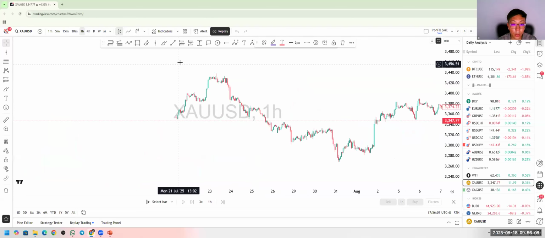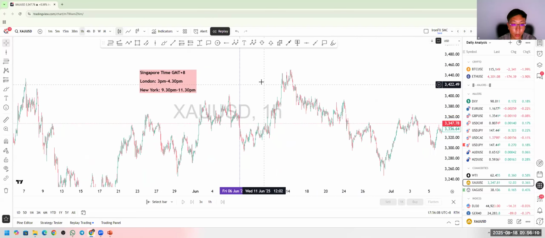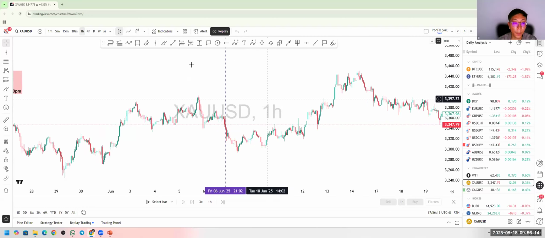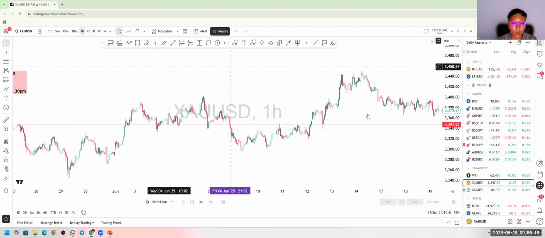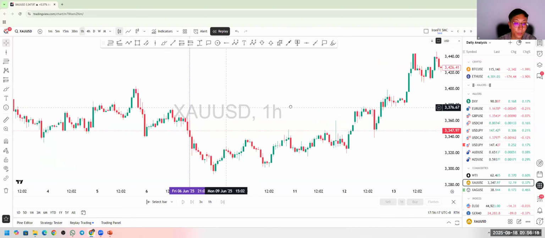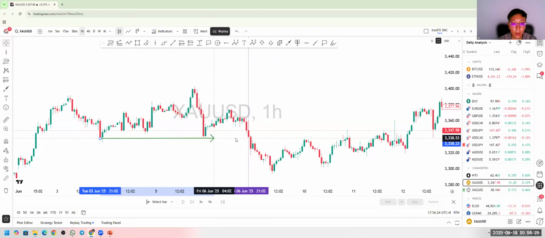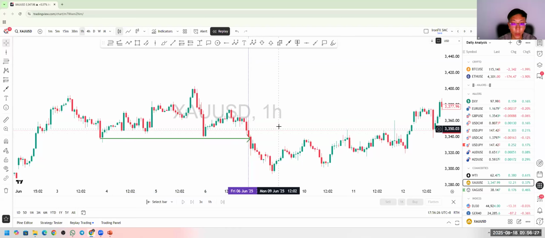Yeah. Let me go to the hourly chart. So what I will be looking at would be for price to take out this low, these equal lows. Then what I'll be looking at is for a retest.